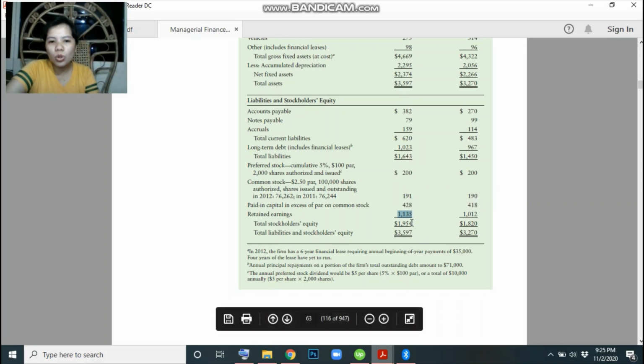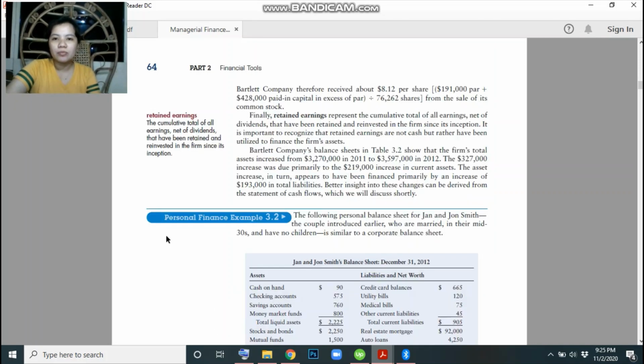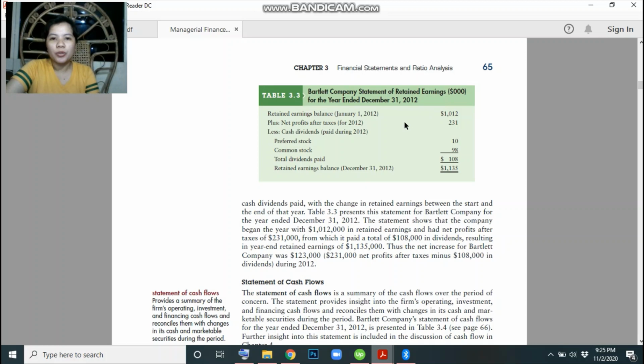How was that solved? Your retained earnings balance by January 1, 2012 is 1,012,000.